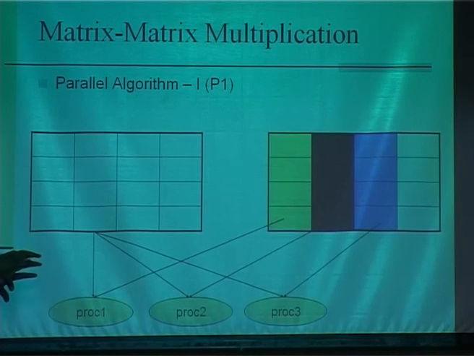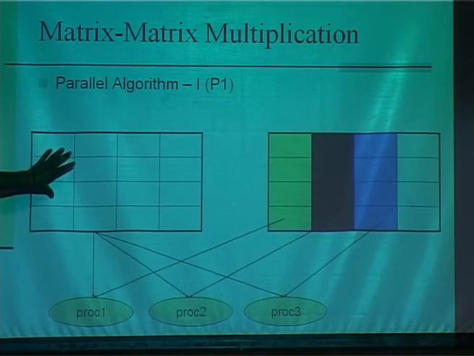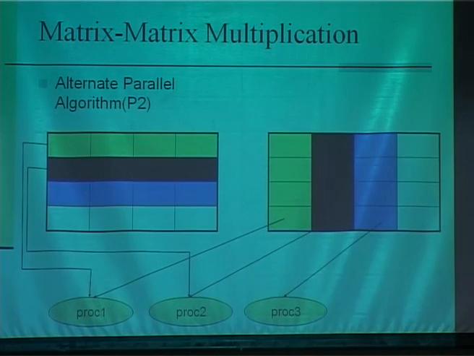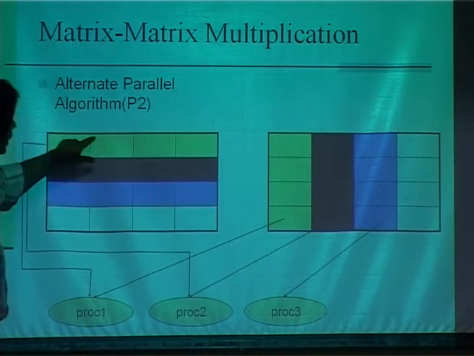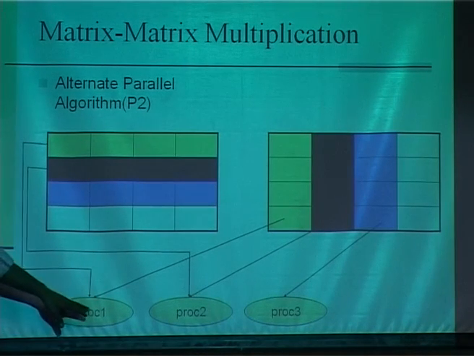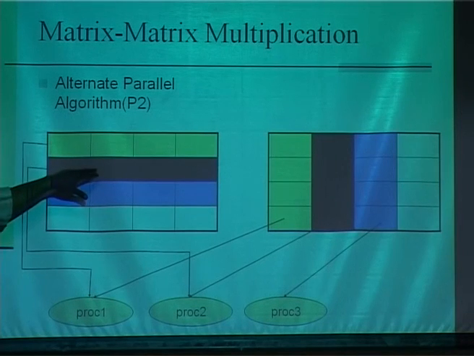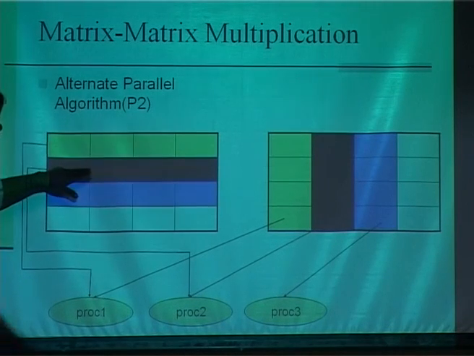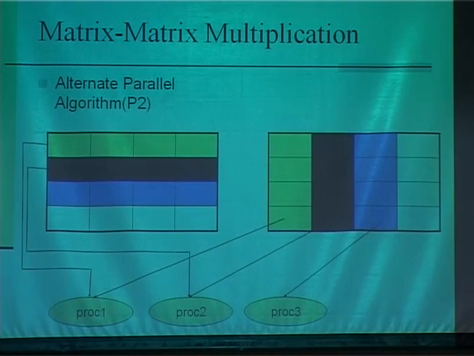So the parallelization is at the matrix-into-column multiplication step. P2 is the row and column dot product: a row and column will be multiplied on a single processor. I named this P2.